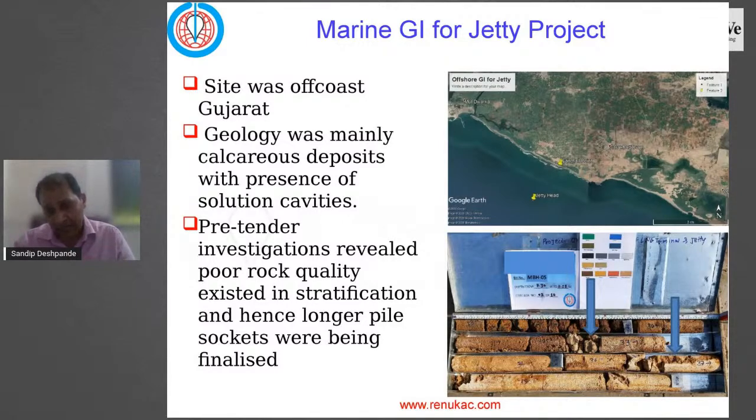So to understand and to integrate further, as we were involved in both stages of investigations, the pre-tender and the post-tender. During the post-tender, for the contractor's investigations, we proposed that they utilize larger diameter boreholes to obtain larger size core samples, which gave us leverage of better core recovery, better inferences and shorter pile lengths.